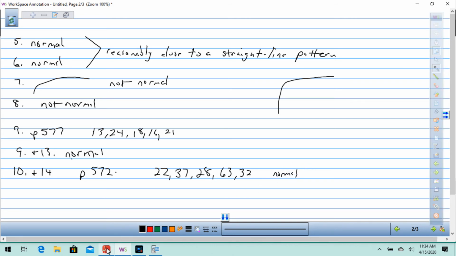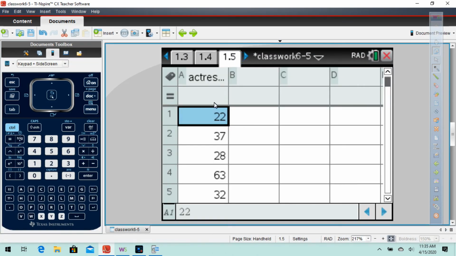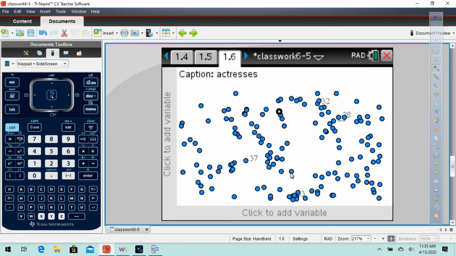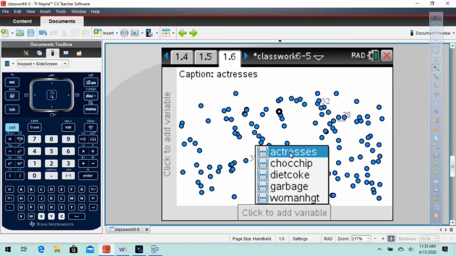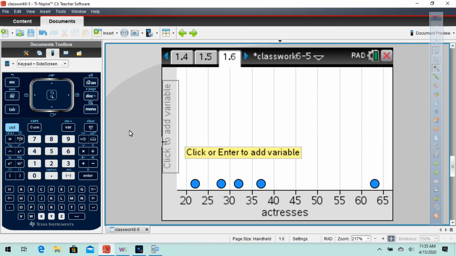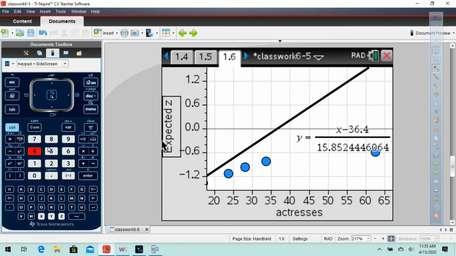But if we go back to the Inspire, there's the actresses. On graph, actresses. This is one of the reasons why I like the Inspire. It does a better job. And then menu, 1, 4, and you can see what I'm talking about.